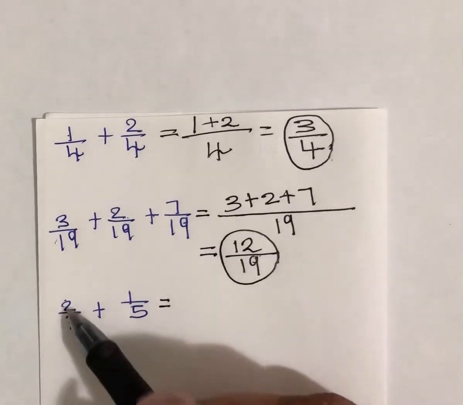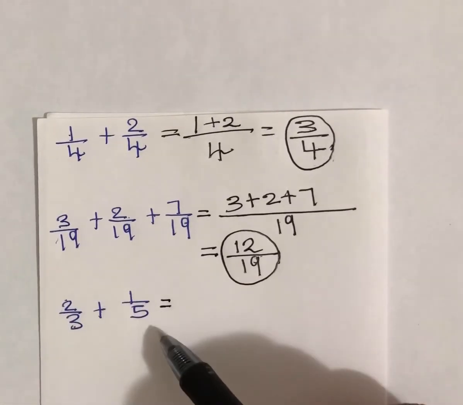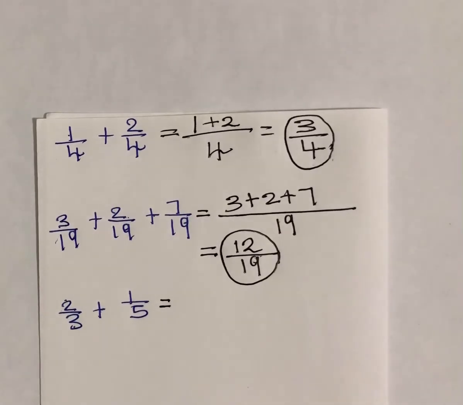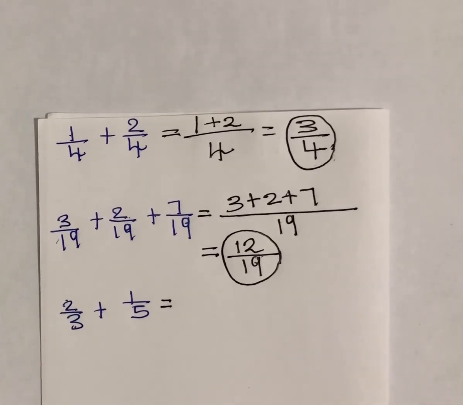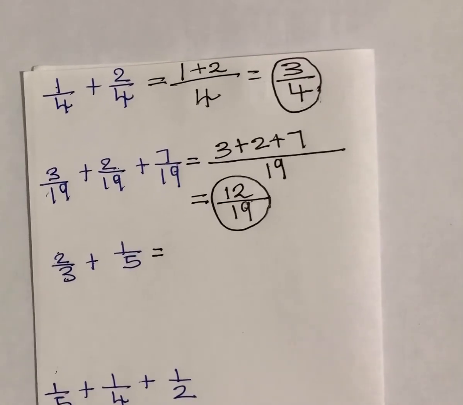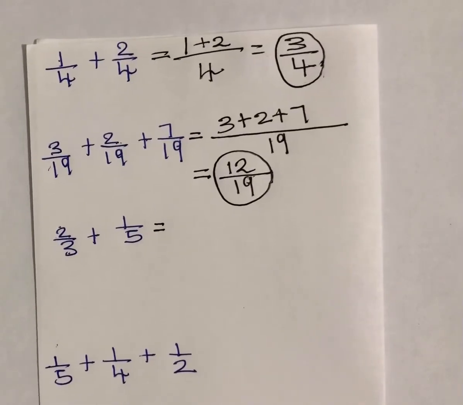We have 2/3 plus 1/5. Now, our denominators are not the same. So, what do we do? Here is where the concept of LCD is going to take effect.